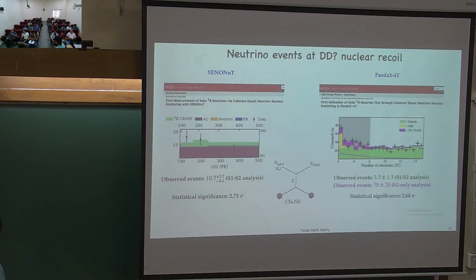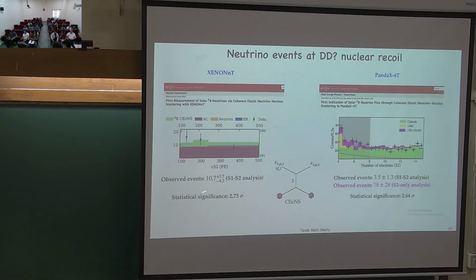Okay, so now the question is: are our experiments detecting something? Yes, we are detecting something. Recently, XENONnT and PandaX have detected 8B solar neutrino events using their experiments. Both of them focus on nuclear recoil scattering, but XENONnT has only done the S1-S2 analysis, while PandaX did both S1-S2 and S2-only analysis.